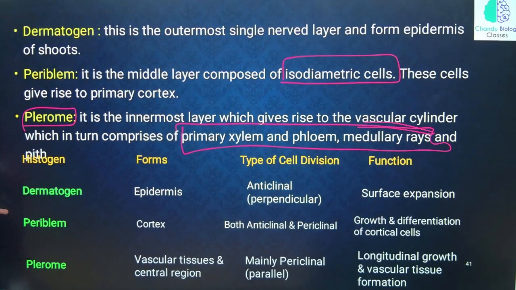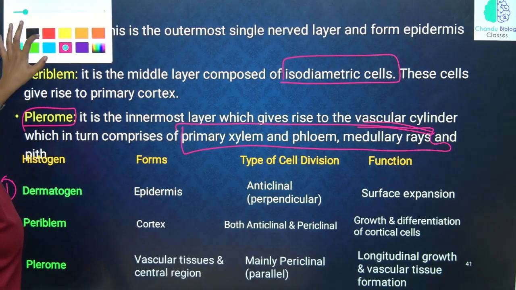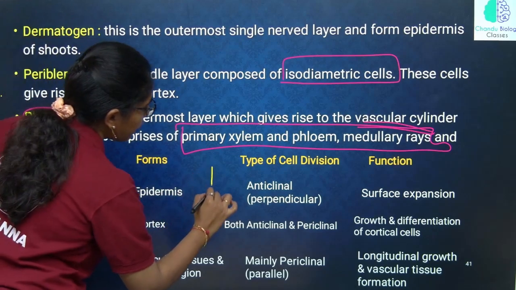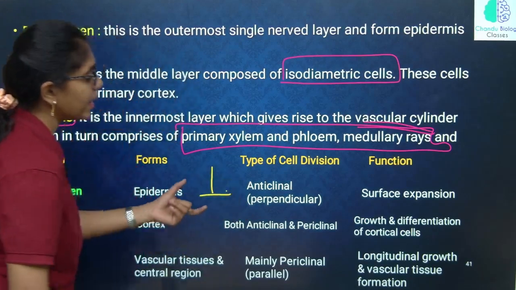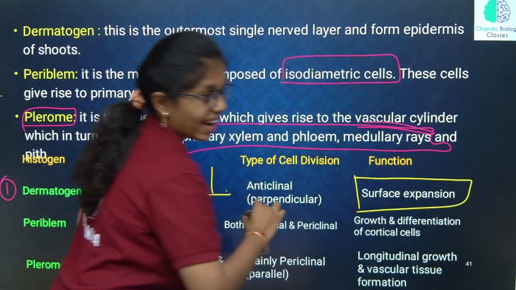Among the 3 layers of histogens, dermatogen will form epidermis. What type of divisions will it conduct? Only perpendicular divisions, those are anticlinal divisions, and this leads to surface expansion.